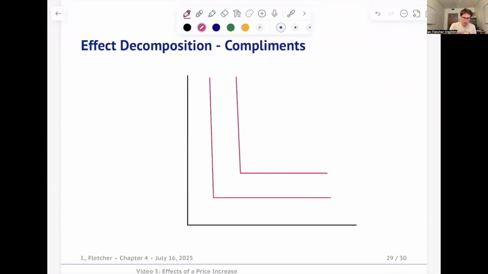If we had an original budget line that allowed us to be at this corner like this, and then we had a new budget line that shifted us to here. This effect, like let's just call this 1 and let's just call this 2 because this was E1, this was E2. This would be our total effect. There is no substitution.